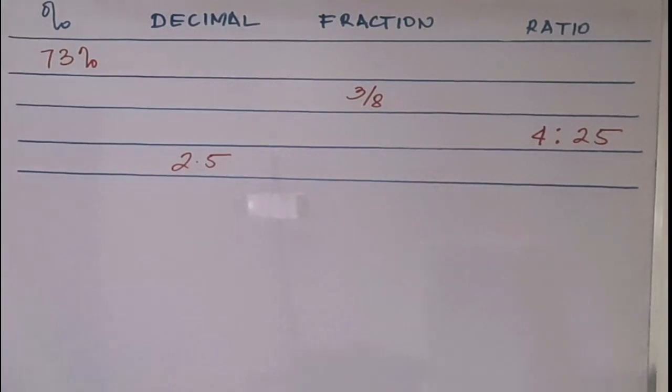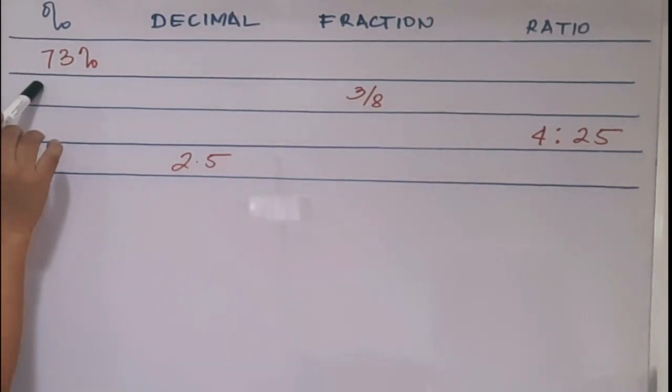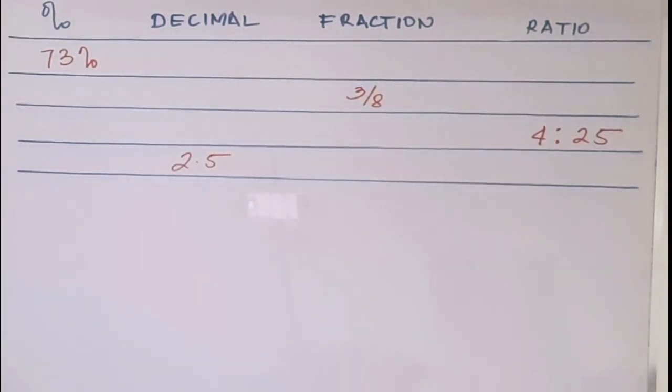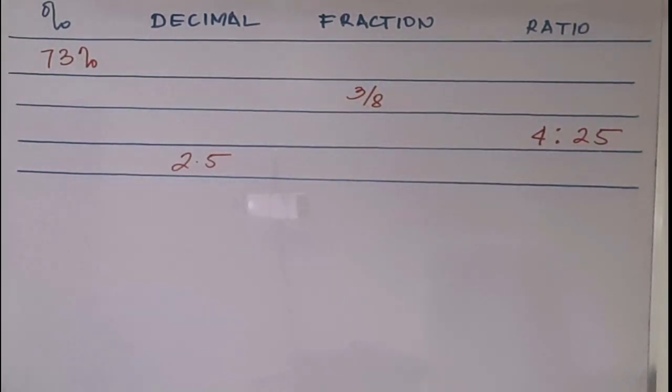We are going to convert the 73% into decimal, into fraction, and into a ratio. This is just a matter of review because many are confused on how to convert a percent into a decimal or a fraction or a ratio.